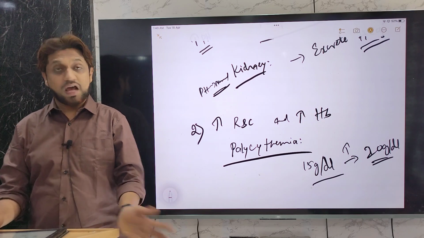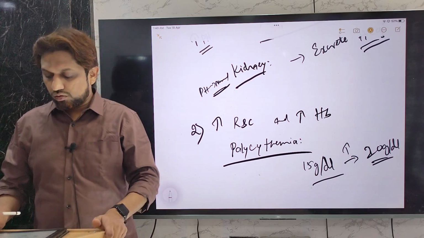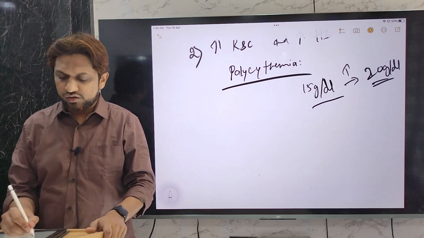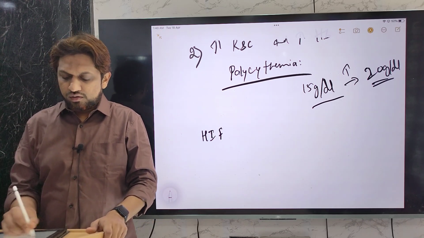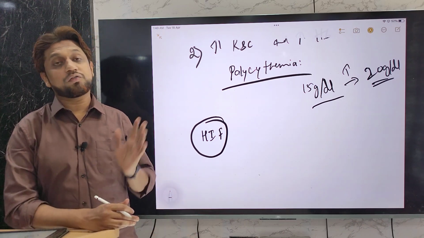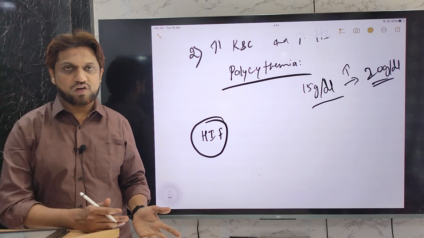How does this happen? Due to hypoxia, there are certain things known as hypoxia inducible factors, hypoxia inducible transcription factors, which are mainly present in the kidney.